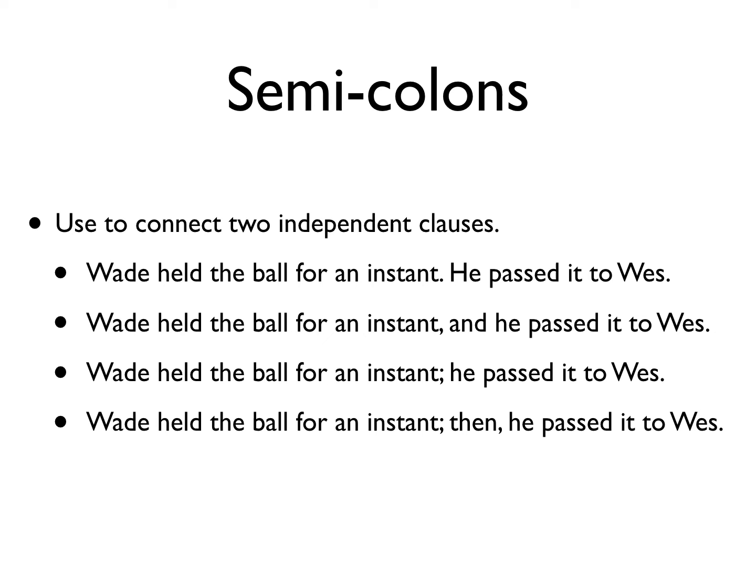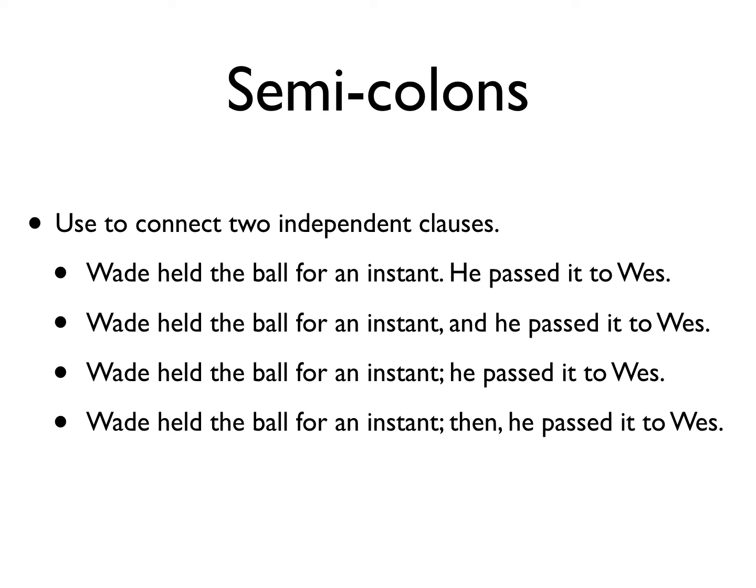So you've seen this kind of a list of various ways to write out two different sentences. You might write, Wade held the ball for an instant, period. He passed it to Wes, period. Now, both of these are sentences. That means they are independent clauses. What's an independent clause?